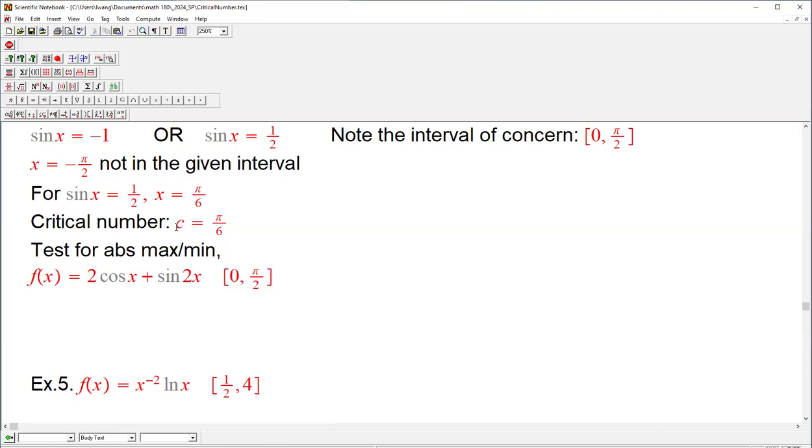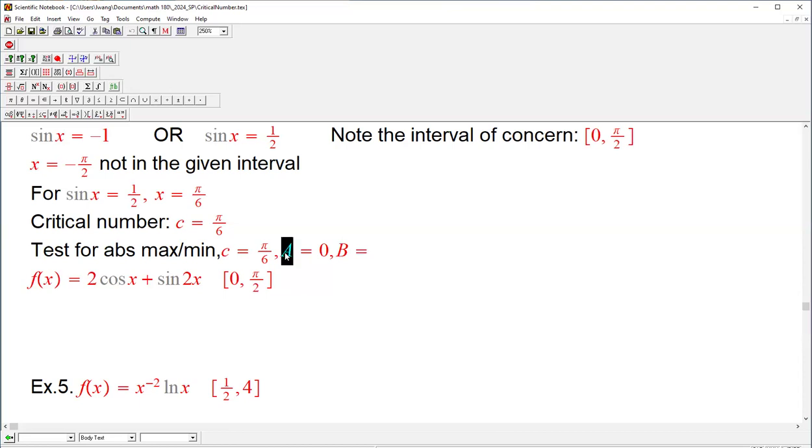So besides c equals pi over 6, I'm sorry, I'm trying to speed it up. Okay, so a equals 0, b equals pi over 2, sorry, that's lowercase a, lowercase b, to be consistent with the notation in the extreme value theorem.